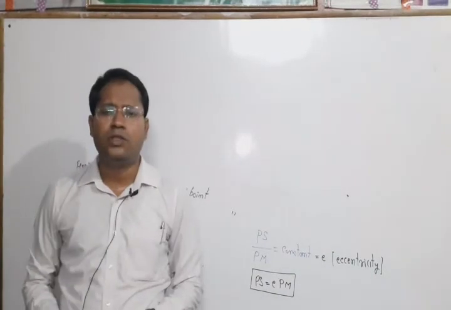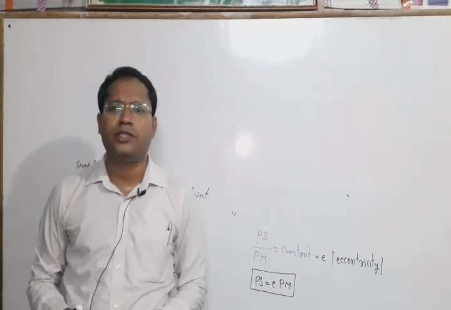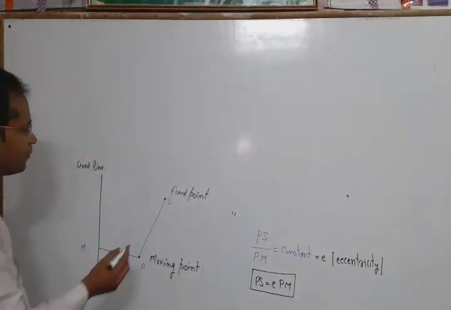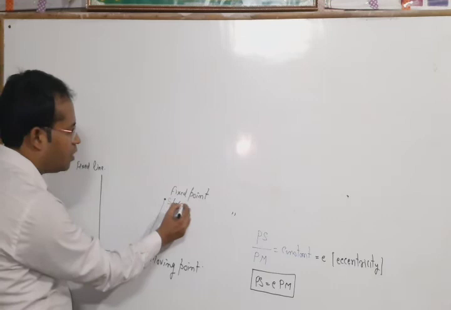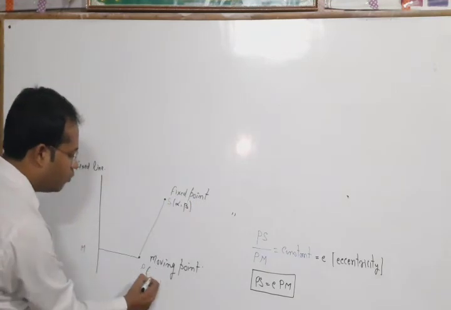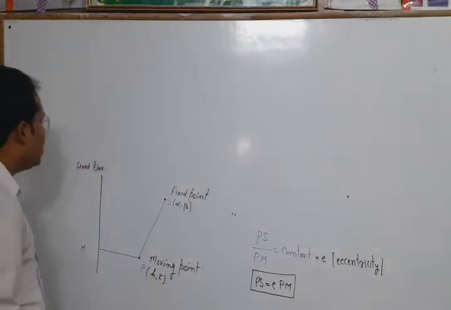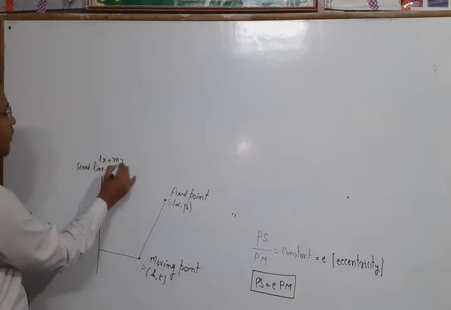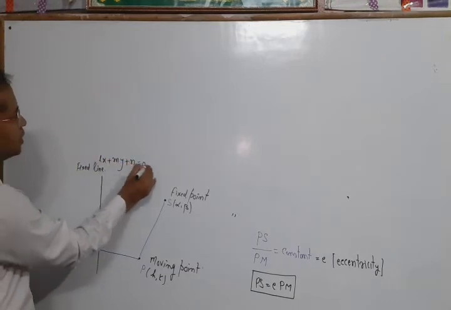Now we are going to generate the general equation of a conic section. For the general equation of a conic section, let us consider a fixed point (alpha, beta), a moving point (h, k), and a fixed line Lx + my + n = 0.